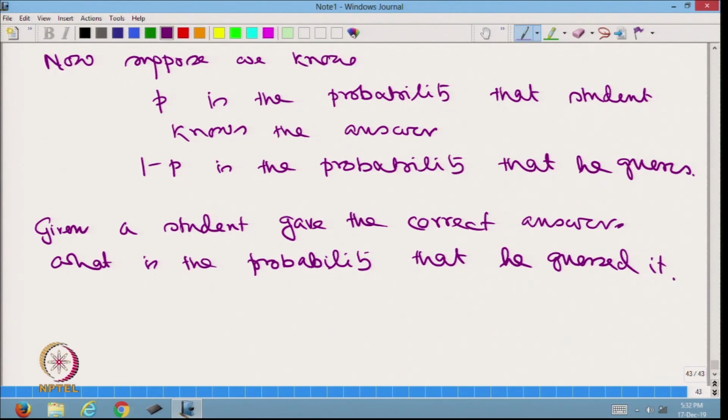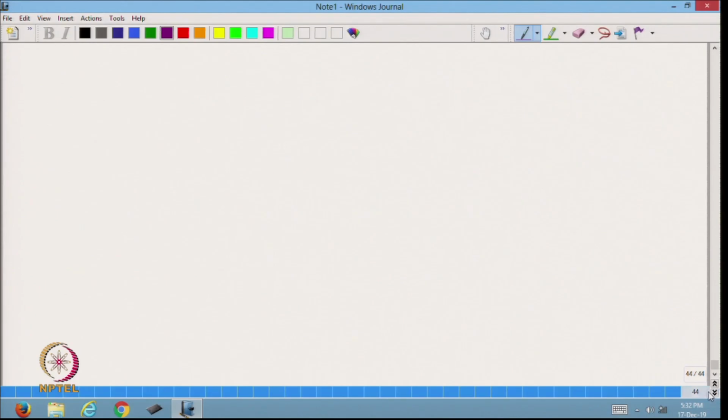I hope you understand the question. Therefore, we are looking at probability of guess given correct answer.